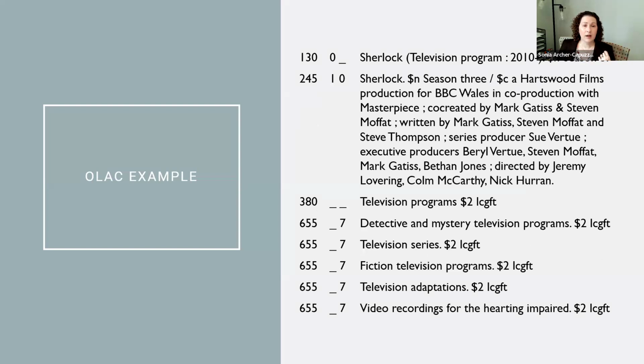When I looked at OLAC, it showed having a 380 and in this case multiple 655s, and I was really intrigued by how they did this. They used the 380 to give a broad genre form term for television programs, and then the 655s are the much narrower, more focused genre form terms. So detective and mystery television programs instead of television programs. I found that interpretation of things to be interesting.